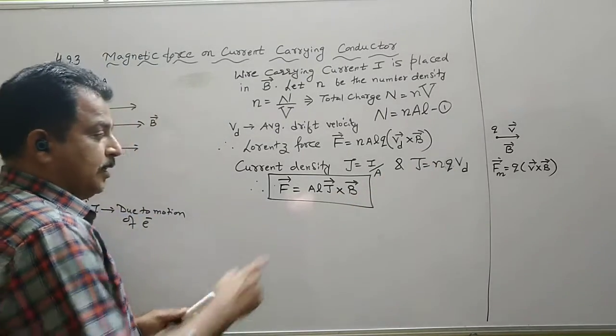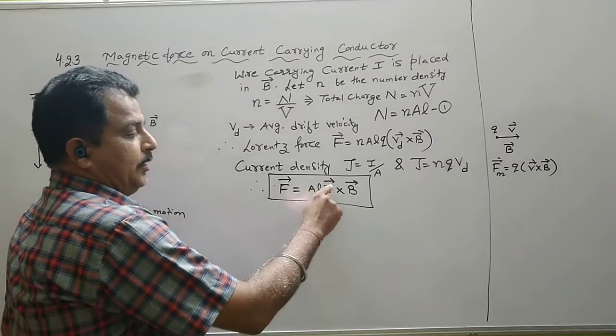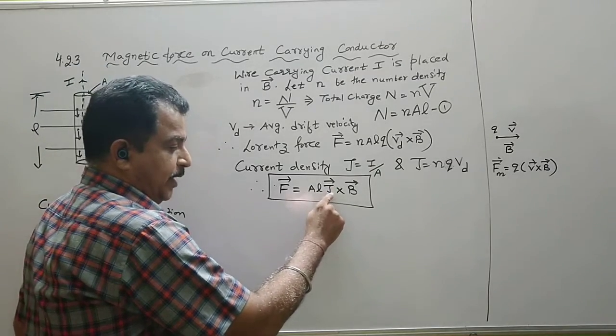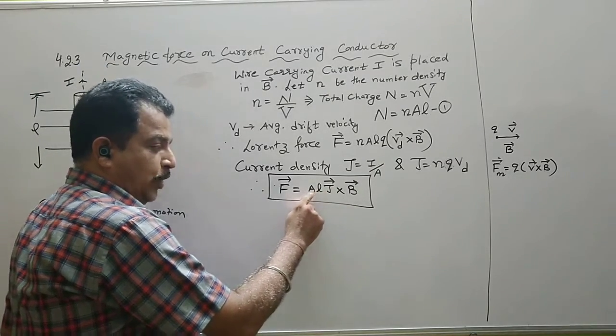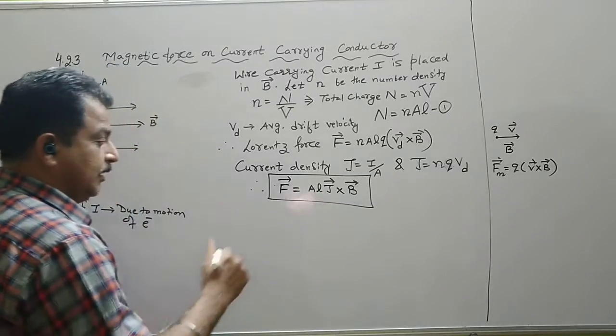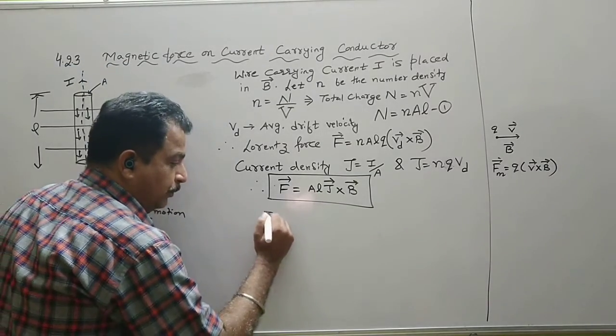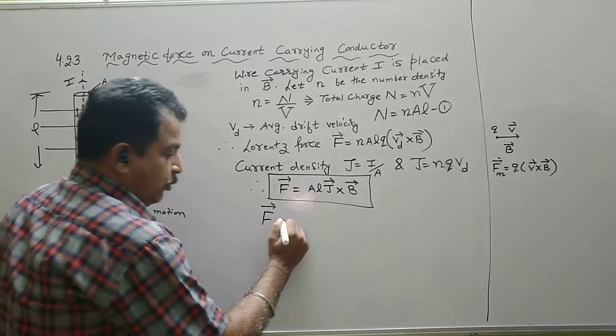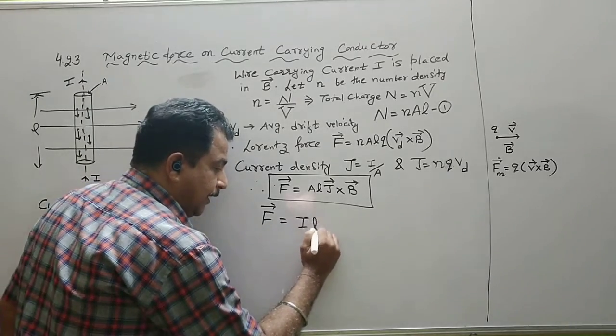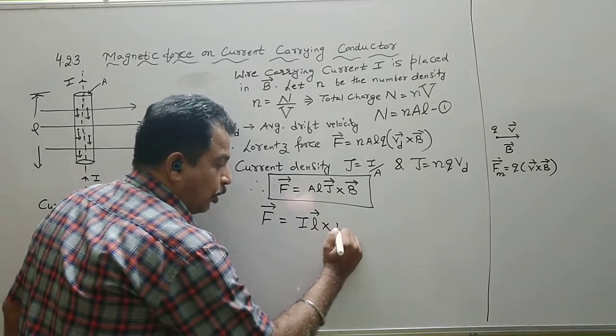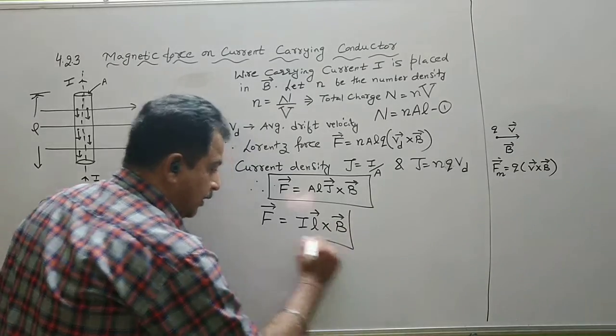Now for current density, this arrow, first we replace J into A as I, and in the vector form F is equal to I L vector cross B vector.